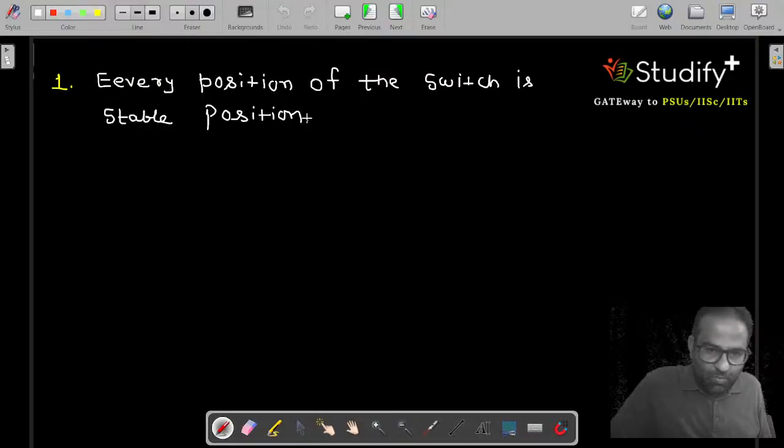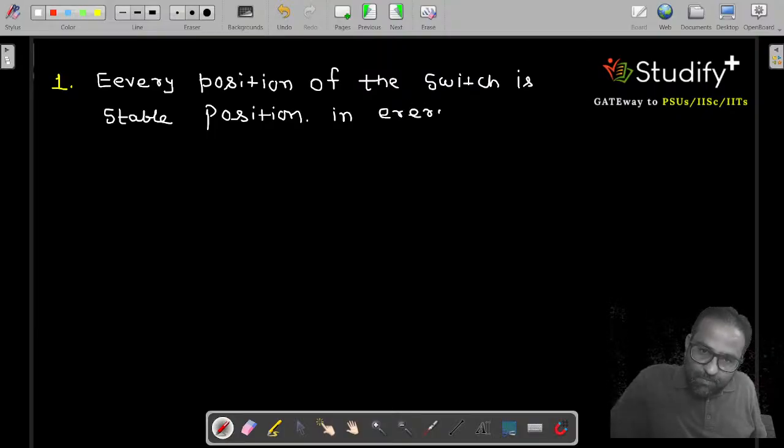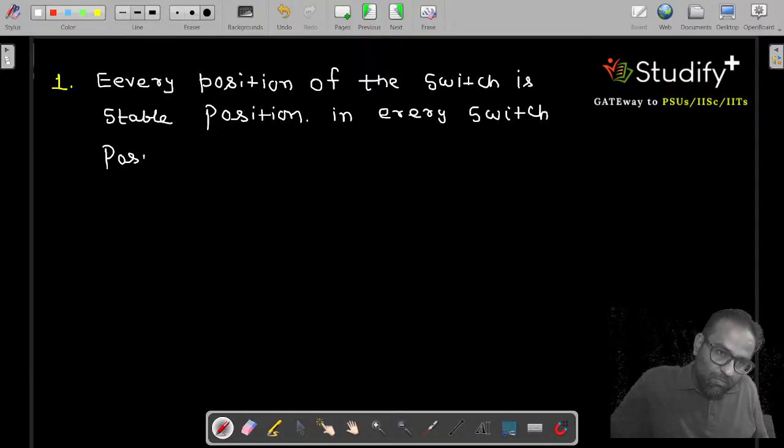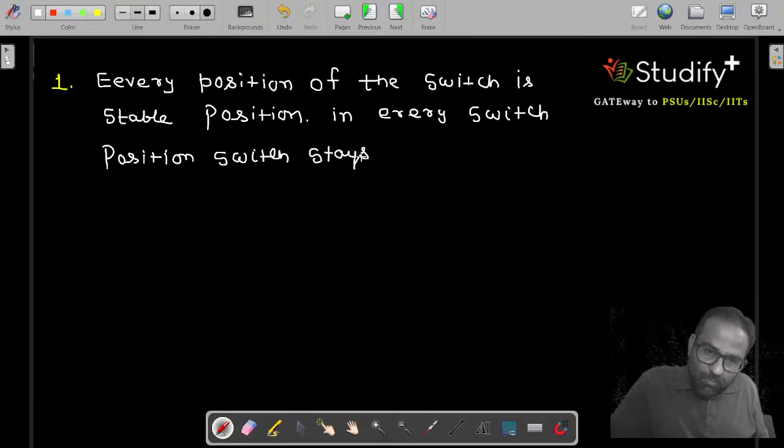So I will define the meaning of stability here. In every switch position, the switch stays for a long time.